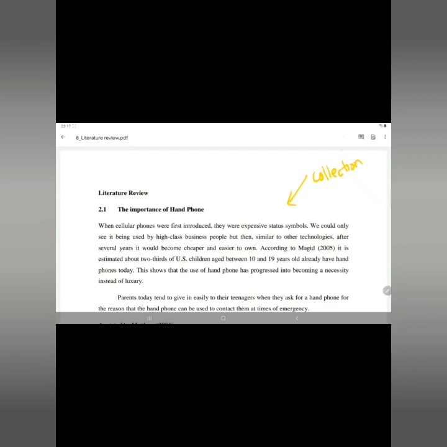So in this chapter, you will start writing from the most general information, for example, definition, importance, very general, to the most specific information about your topic. Okay, more specific.